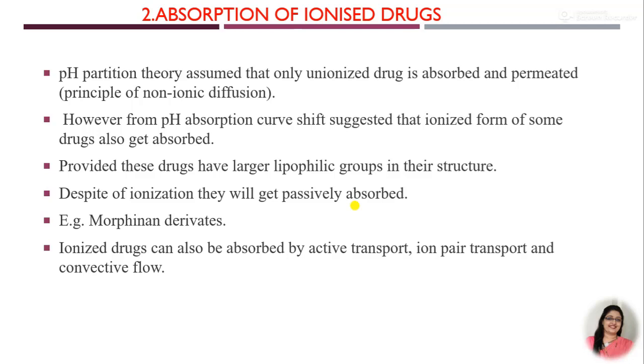A classic example is morphine and its derivatives. And in our body, apart from passive transport, which is only limited to the unionized fraction of the drug, there are also transport mechanisms like active transport, ion pair transport, or convective flow, wherein the ionized fraction of the drug is absorbed.